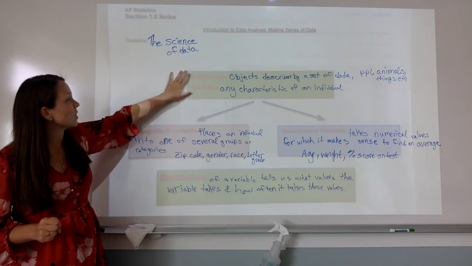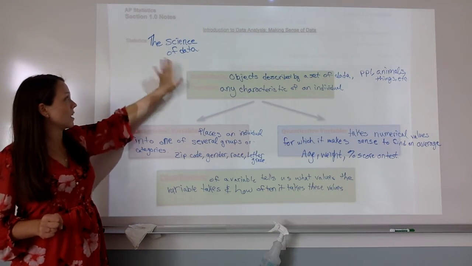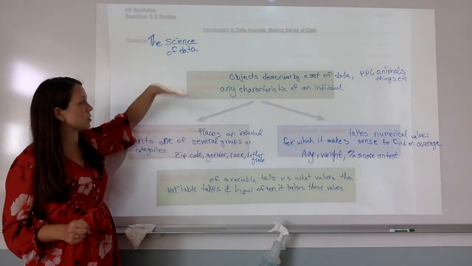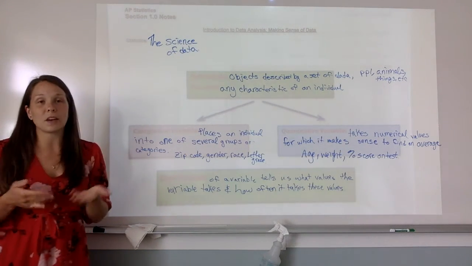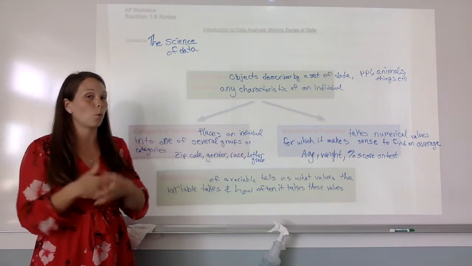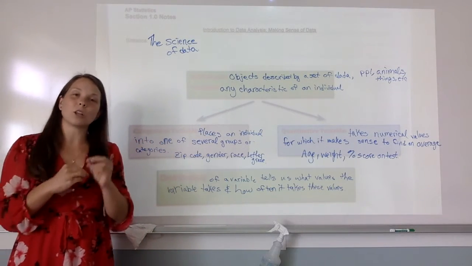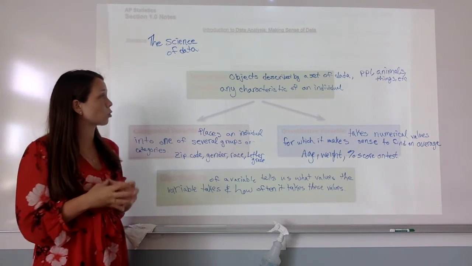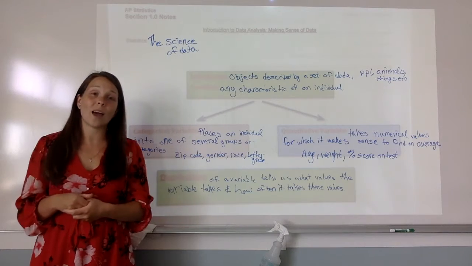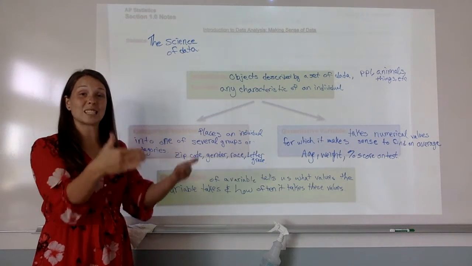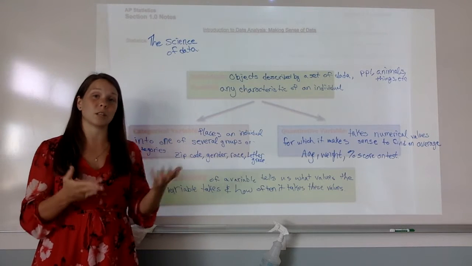The first thing that we're going to define here within the course of statistics is individuals versus variable. Often when we think of the word individuals, we think of people, right? Well, in stats, it's a little bit more broad than people. Individuals is the objects described by a set of data. So anytime you have data that's describing something, those things it's describing are the individuals.